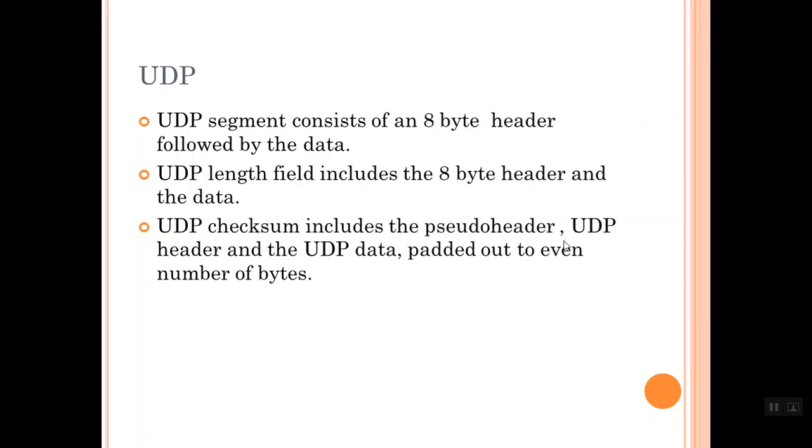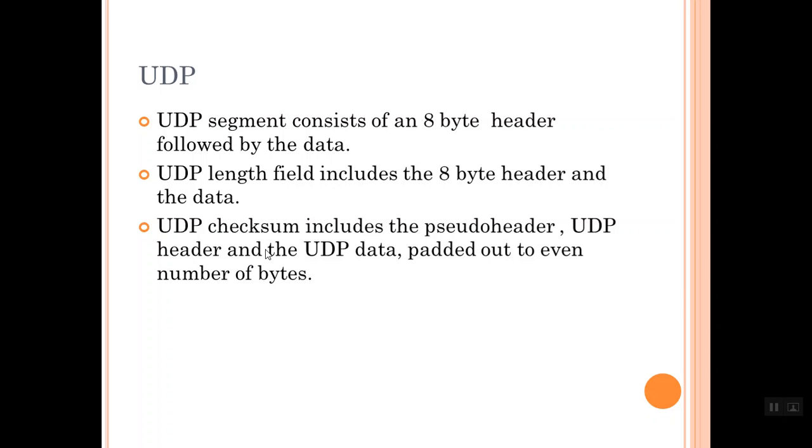The UDP checksum includes a pseudo header. In UDP and TCP, the checksum is calculated and normally included with the data. At the receiving side, the checksum is recalculated and compared with the original checksum. If both are the same, it means there was no error in transmission.